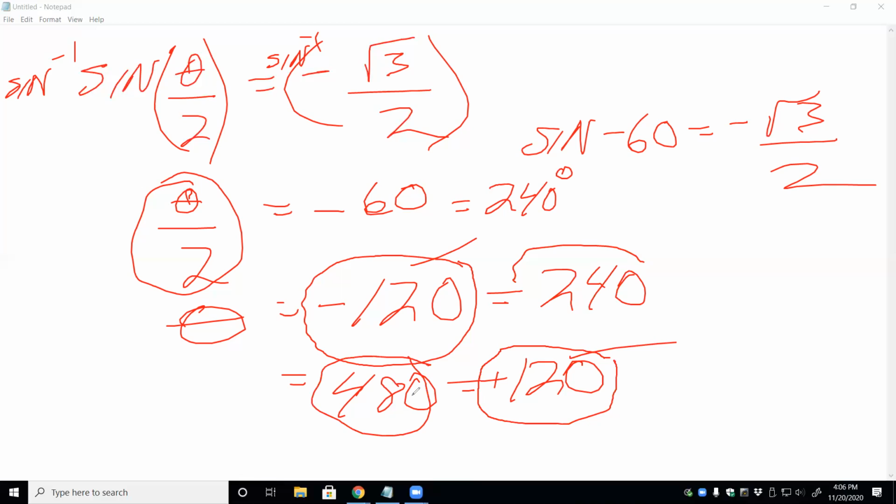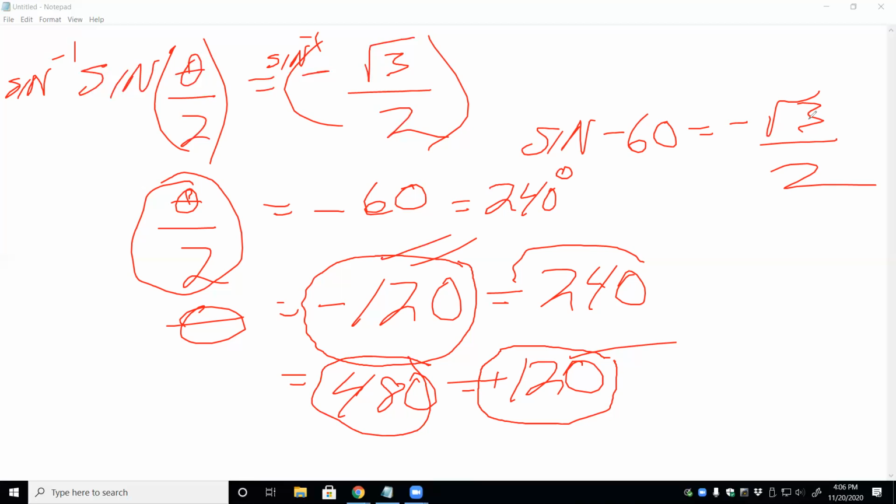Because if I take 480 and divide it by 2, I get 240, and the sine of 240 is minus root 3 over 2. And if I take the sine of minus 60, I get negative root 3 over 2. Or 300, whatever you want. Minus 60 is the same as 300.